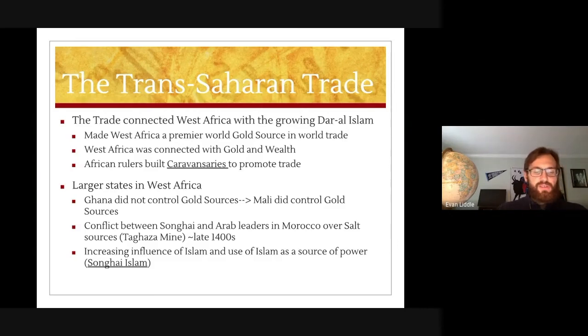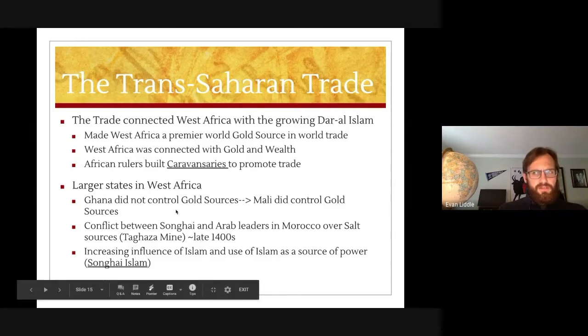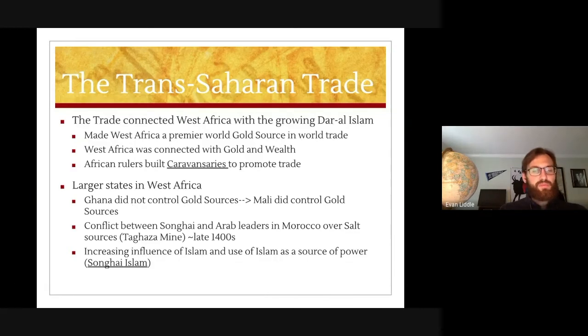But this connection with the Islamic world also gave these West African leaders a sense of legitimacy, as can be seen in the unique brand of Islam in the Songhai Empire, which put the leaders of that empire in a very special place within their particular type of Islam.